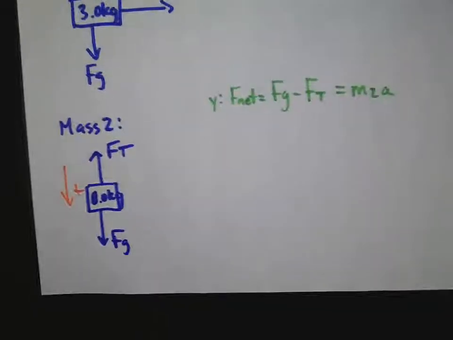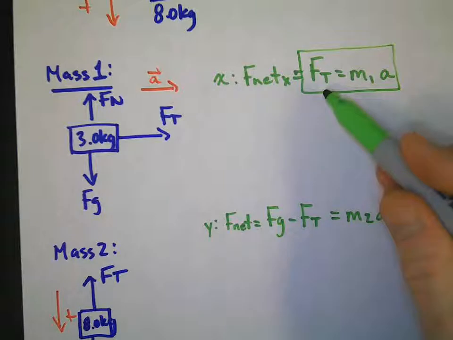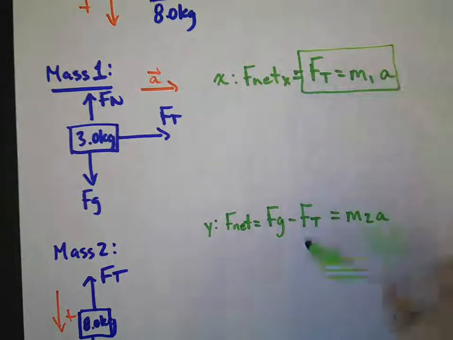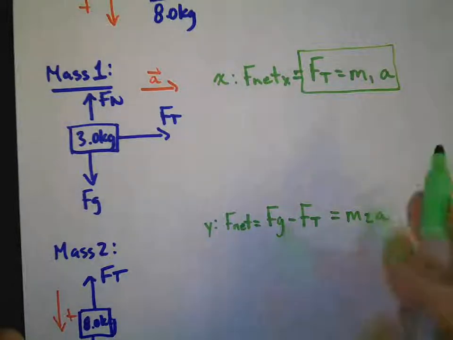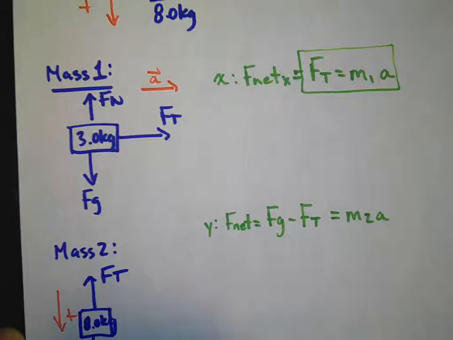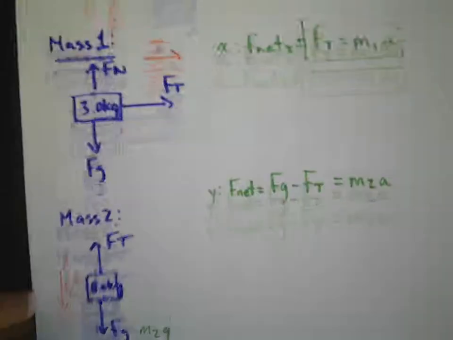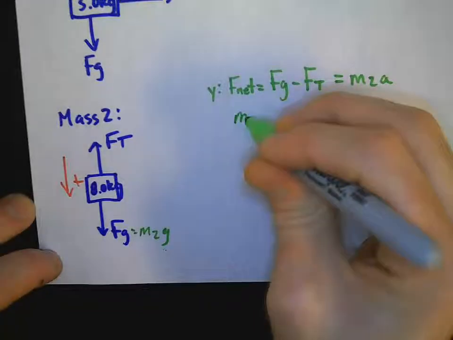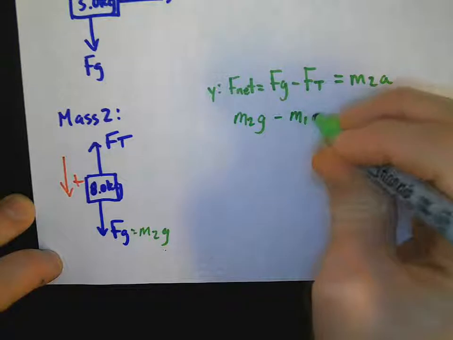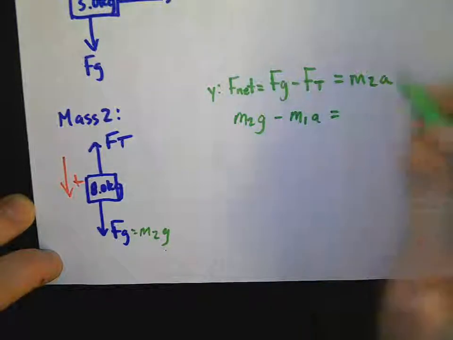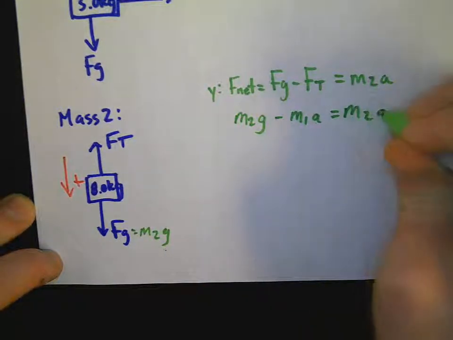Well, let's see what this gives us. We had an equation. We can substitute m1a for our tensional force now. And our force of gravity in this case is going to be m2g. So what does this give us? m2g minus m1a is equal to my second mass, m2a.